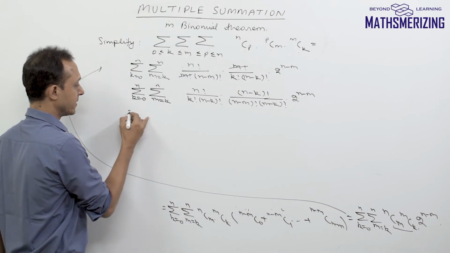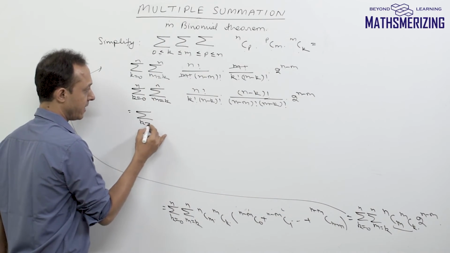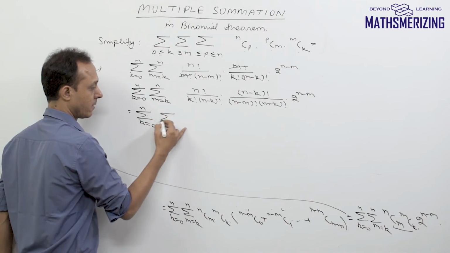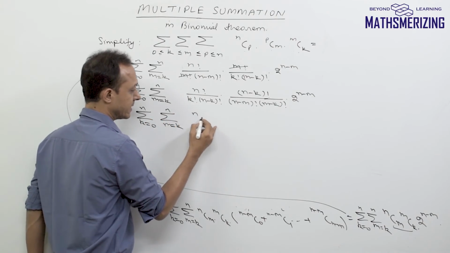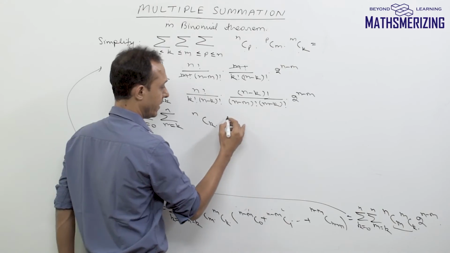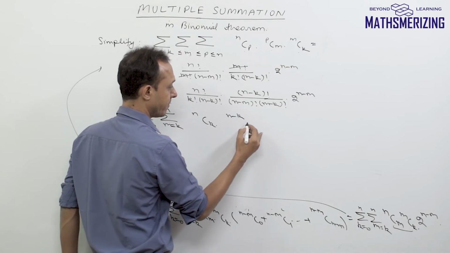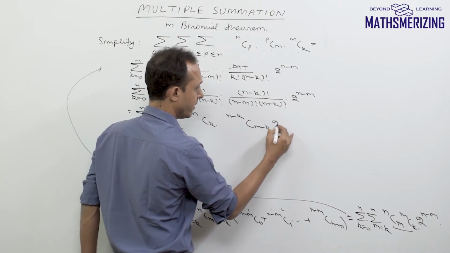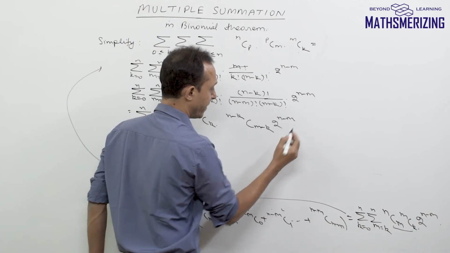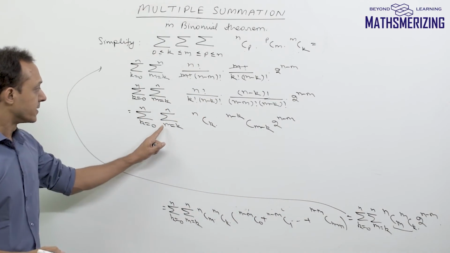So now I can write it as summation k varies from 0 to n, summation m varies from k to n, and this is nCk, and it is n minus k, c, m minus k, 2 to the power of n minus m. So now I'll split this summation in m.